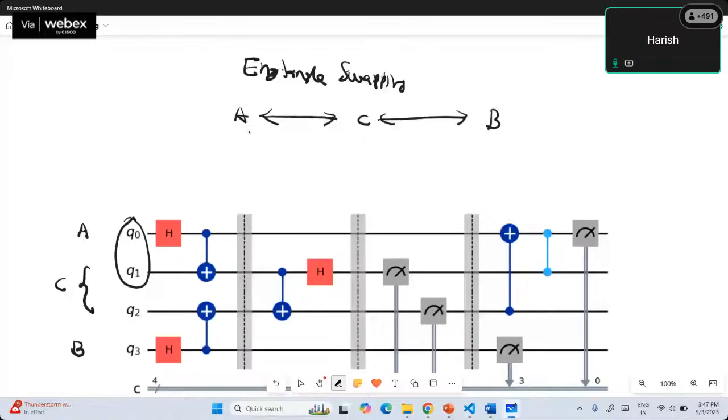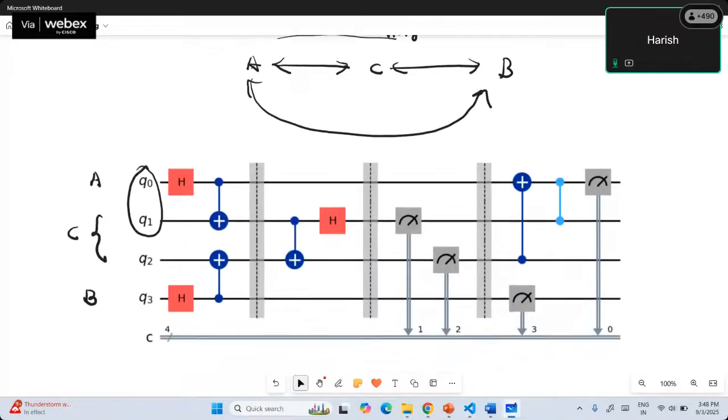At the end of entanglement swapping, we want to entangle the states of A and B directly without physically bringing them together. So there is an entangled pair between A and C and another pair between C and B, and at the end we want to entangle A and B. This is achieved by this quantum circuit.